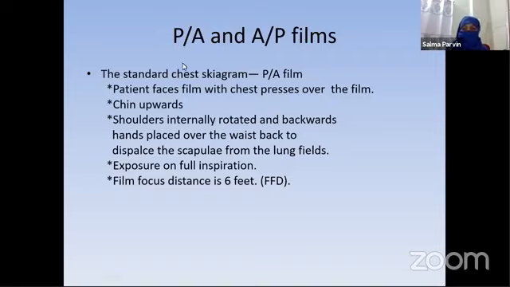We know that the patients who cannot stand up and have critical illness will not be able to stand up, will not be able to be seated enough, and we are going to have an AP film.